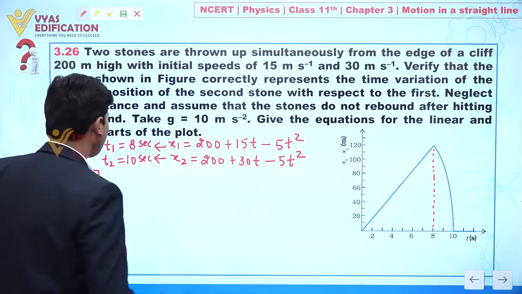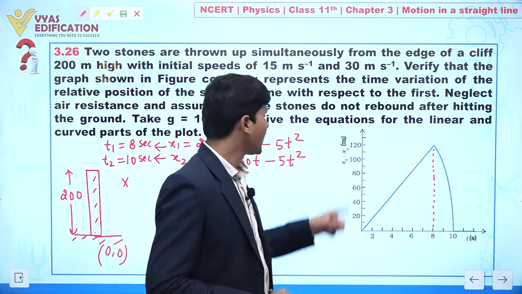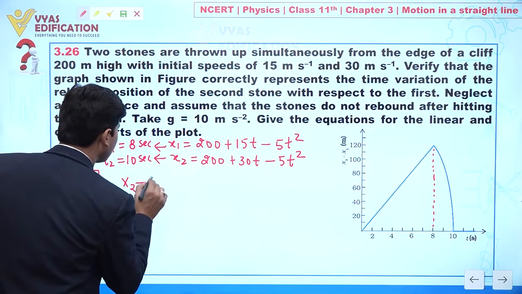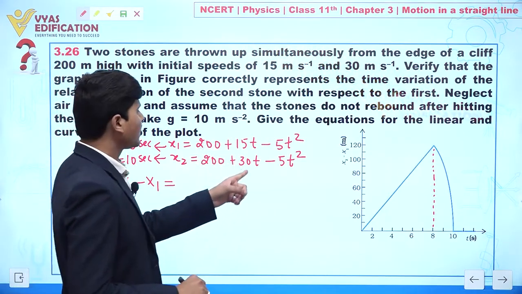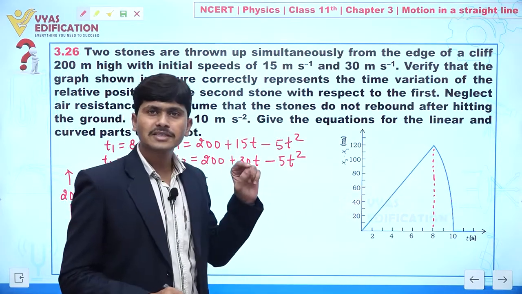Clear? So we have to draw here a graph between x2 minus x1 and time. Clear? So we can write like this, if we do here x2 minus x1, clear, we can say 200 cancels, 30t minus 15t, this is 15t, and this one is also cancelled out. Clear?